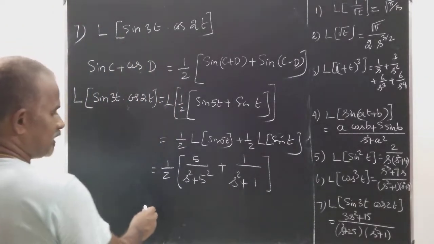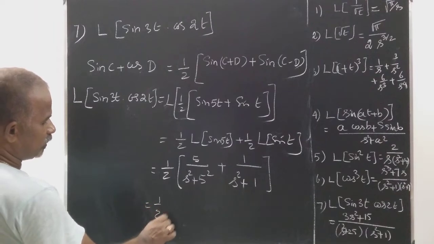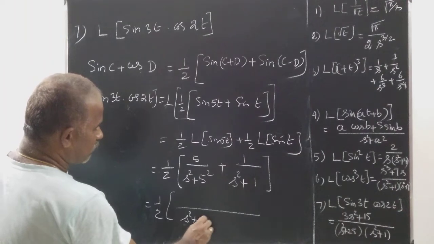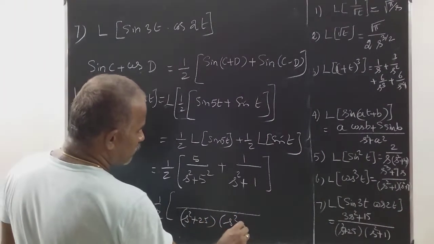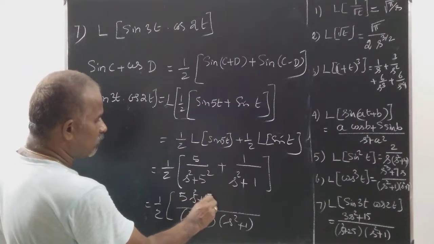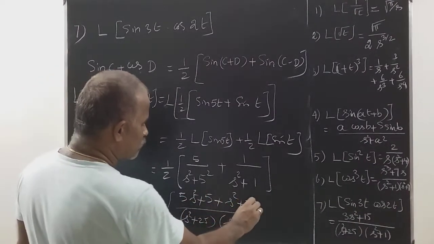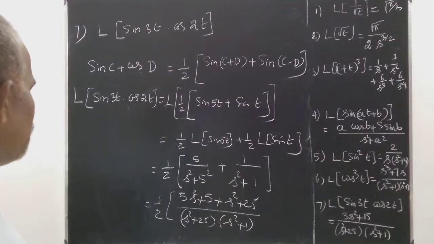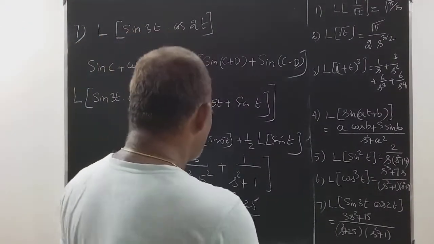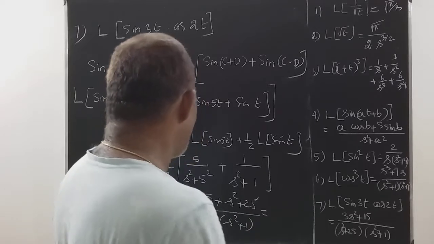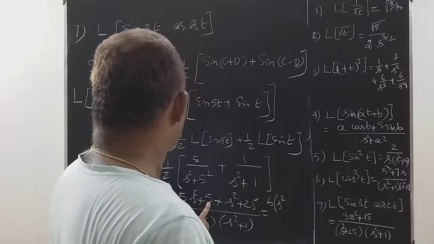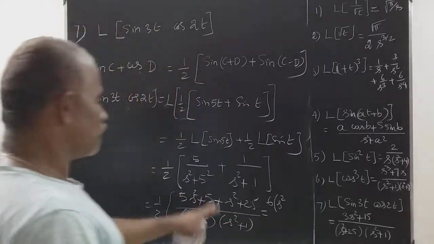So therefore you take LCM, this is equal to 1 by 2 into, you take LCM, s square plus 25 into s square plus 1. So therefore 5s square plus 5 plus s square plus 25. So therefore 5s square plus s square, 6 times s square. Okay. So therefore 5 plus 25 is equal to 30.